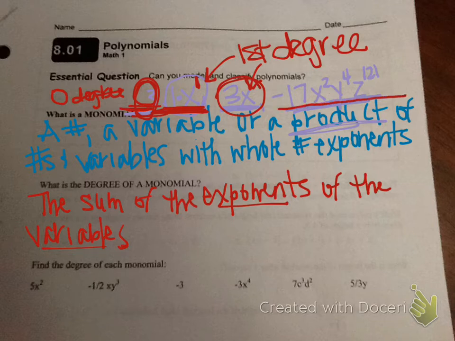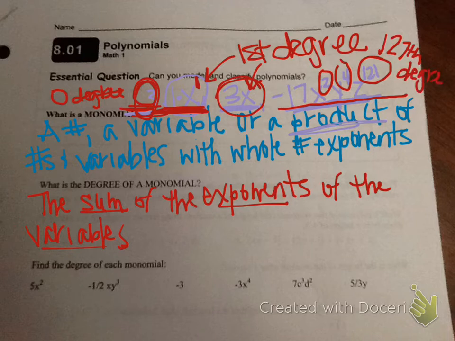And then this one, it says the sum of the exponents. So we have a squared, a 4th power, and a 121st power, which means this is a 127th degree monomial.